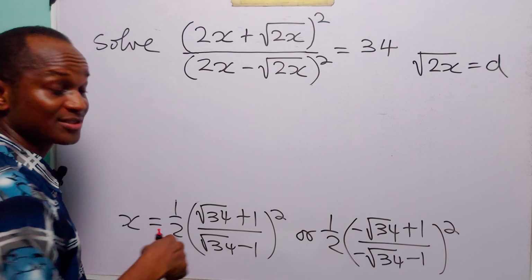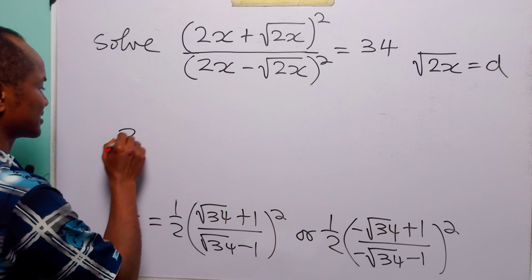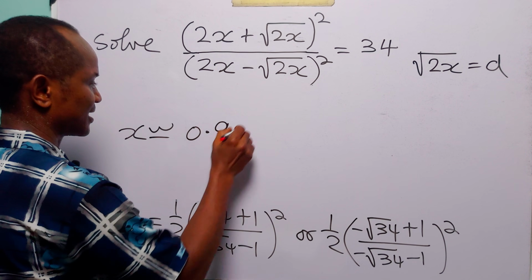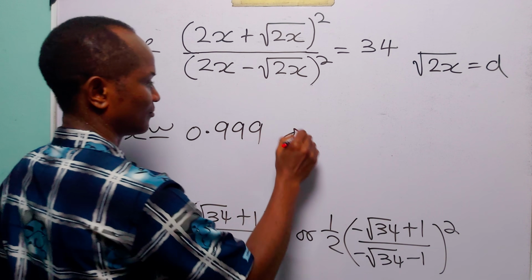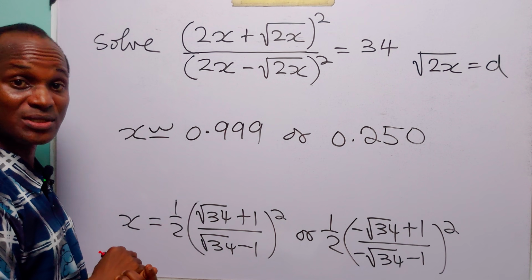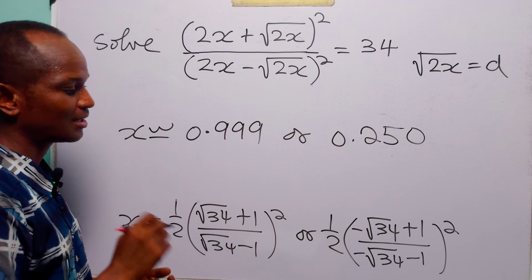And evaluating these two with a calculator, we have that x is approximately equal to 0.999, or 0.250, approximately given to 3 decimal places.